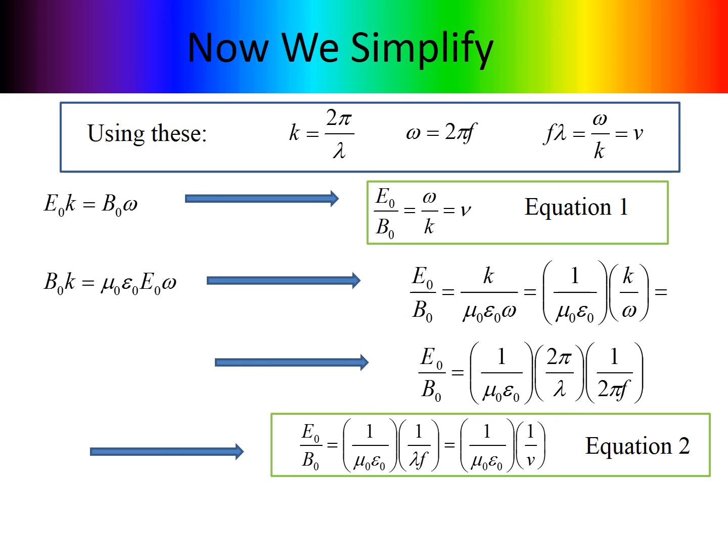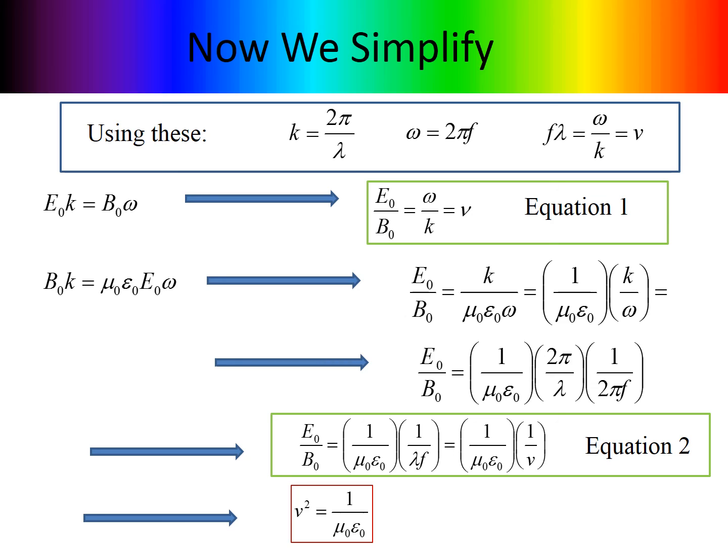So this is saying that the electric field over magnetic field ratio is 1 over mu sub 0 epsilon sub 0 times 1 over v. But from equation 1, we have that v is equal to E sub 0 over B sub 0. So that means we have an equation in terms of only speed, mu sub 0, and epsilon sub 0. And that's the equation we want because it's a simple equation that shows the square of the speed of this wave is equal to 1 over mu sub 0 epsilon sub 0.